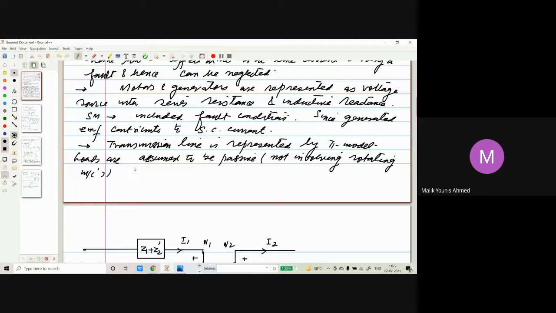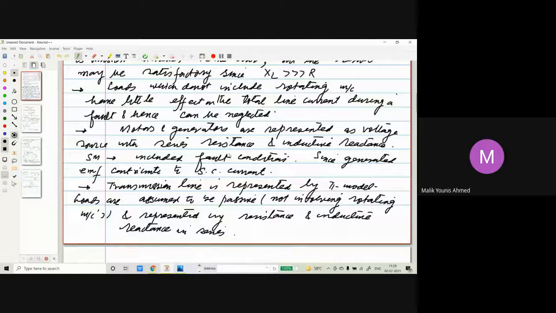Now when we have to draw the impedance diagram, they will be represented by resistance and inductive reactance. That will be in series. Series connection will be there. Resistance and inductance.